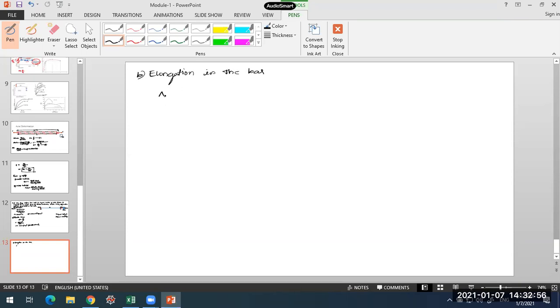For the elongation in the bar, we just derived the relation for delta L, the change in length, that is PL by AE. Right now I know the force applied on the bar, 40 kilonewton or 40 into 10 raised to 3 Newton. L is 500 mm, divided by A, which is 400 mm square. E is 200 GPa or 200 into 10 raised to 3 Newton per mm square.